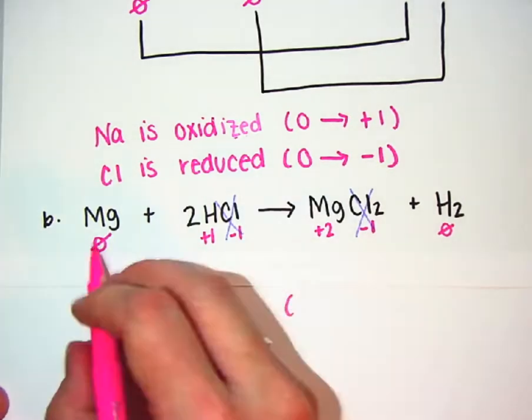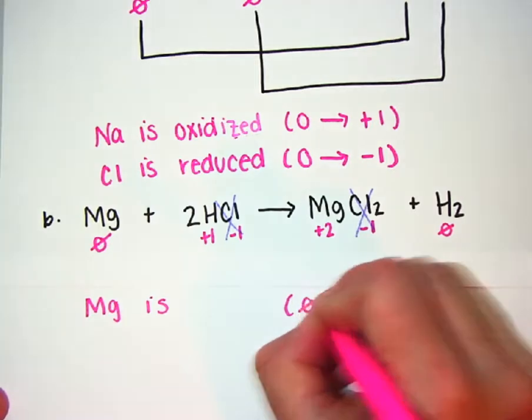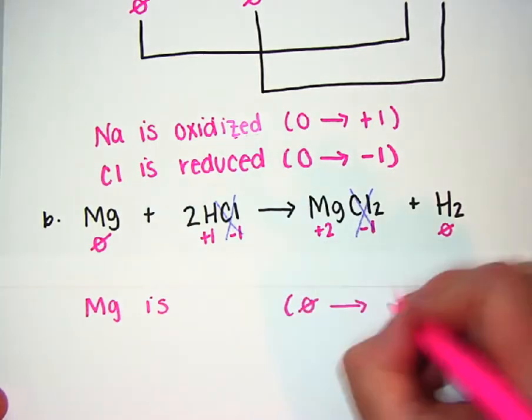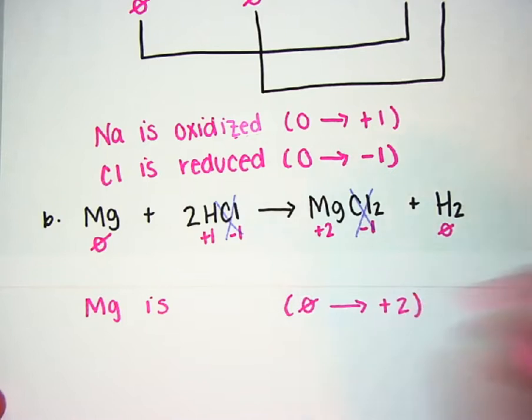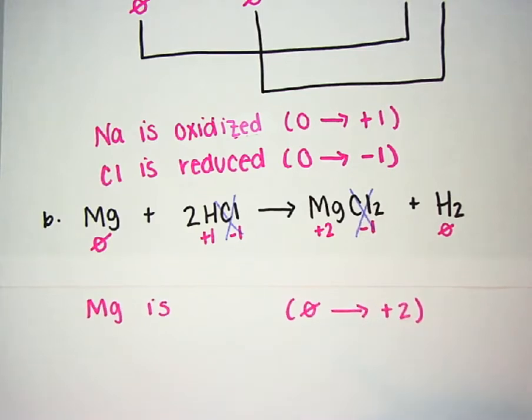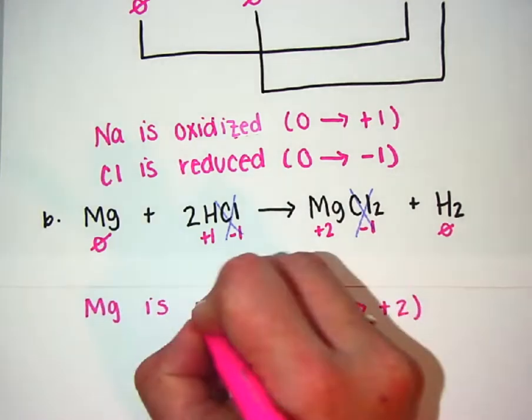So magnesium goes from a 0 to a positive 2. So then we have to think, if it's becoming more positive, is it oxidized or is it reduced? Well, if it's becoming more positive, it has to lose electrons. Oxidation is the loss of electrons.